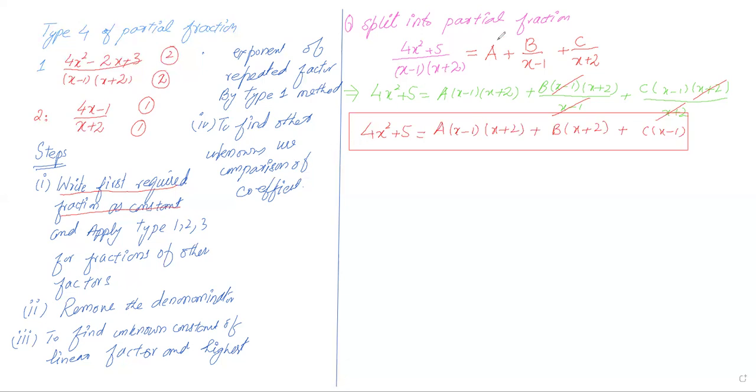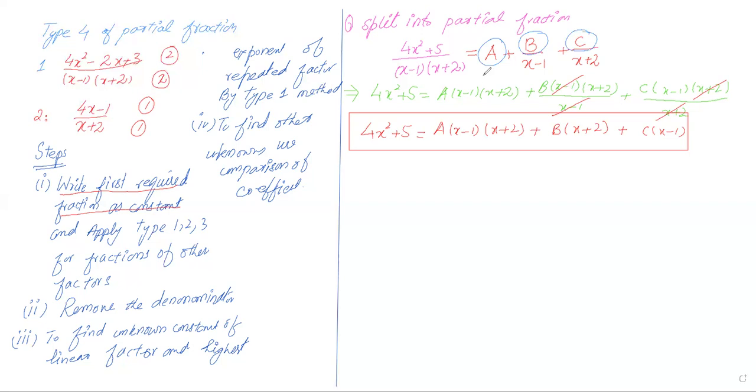Now, to find them, we have to observe the first step of our question. What is the first step? There are 3 constants. The first constant is A, the second constant is B, the third constant is C. First of all, the value of A is not possible to find right now.